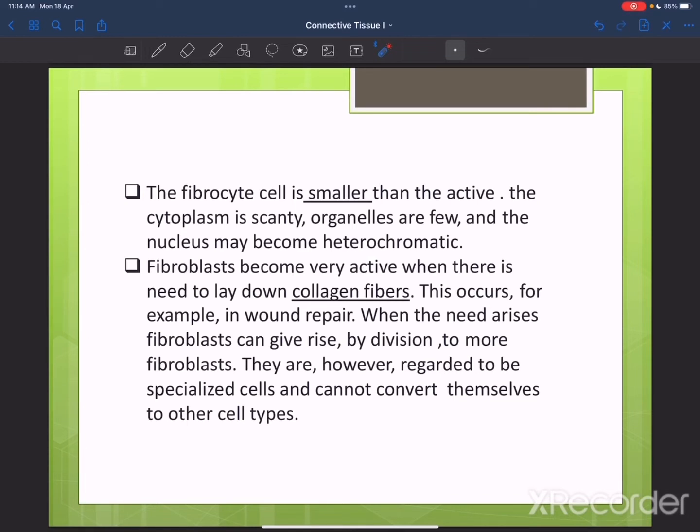When the need arises, fibroblasts can give rise by division to more fibroblasts. They are, however, regarded to be specialized cells and cannot convert themselves to other cell types.